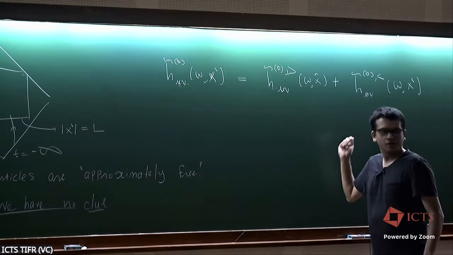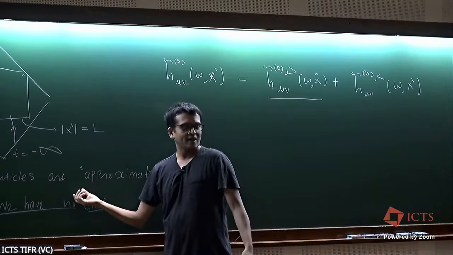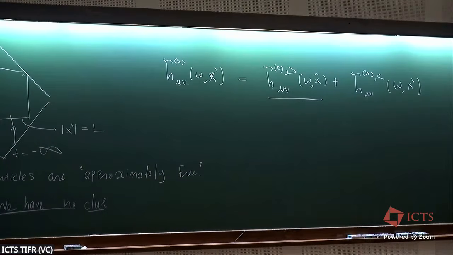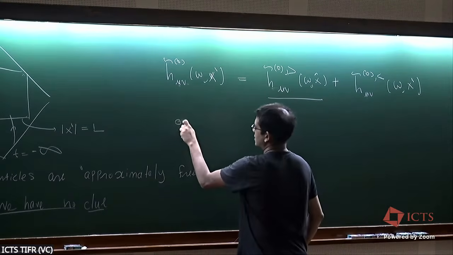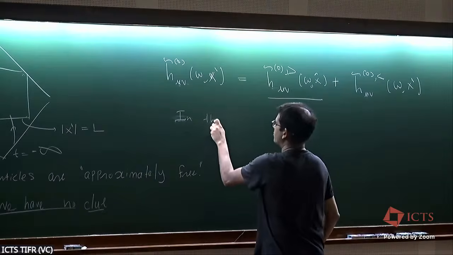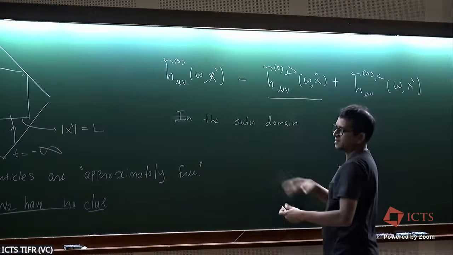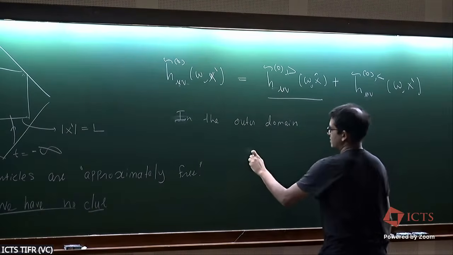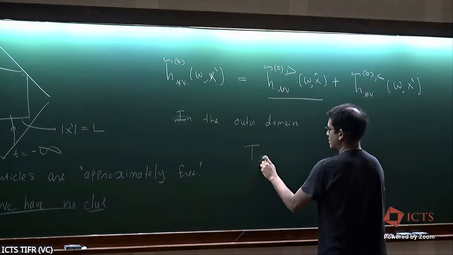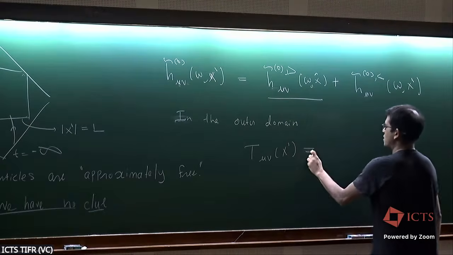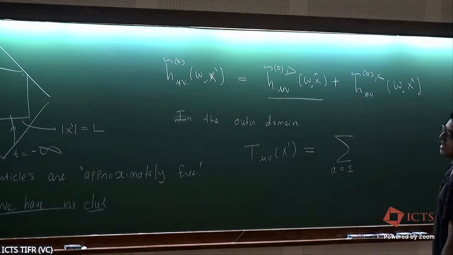Is this clear? Okay, so let's first do this one because this one is easier, because we are assuming that particles are almost free. And so now these objects are almost free. We know that if they were free, then in the outer domain, the stress tensor of the system is going to be equal to a sum over n plus m.